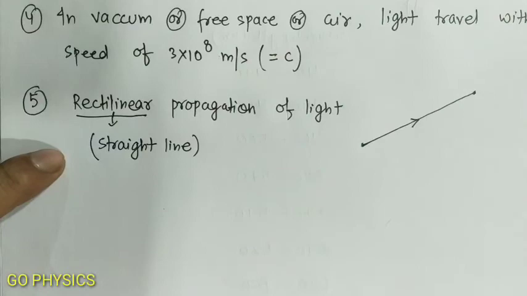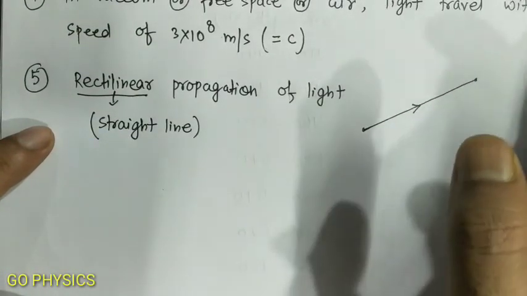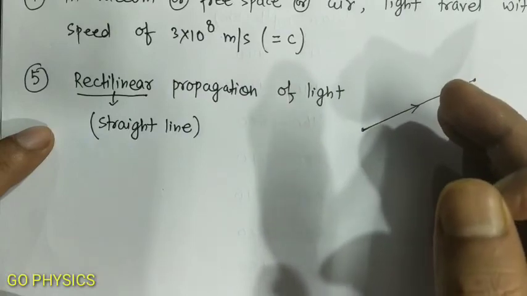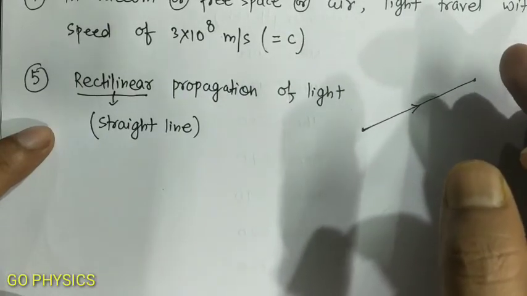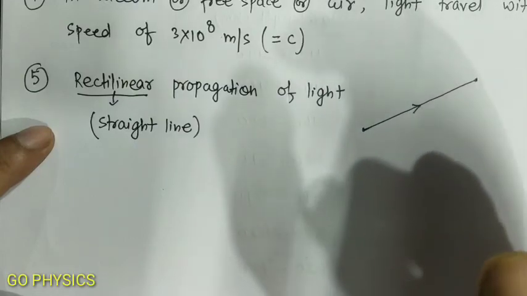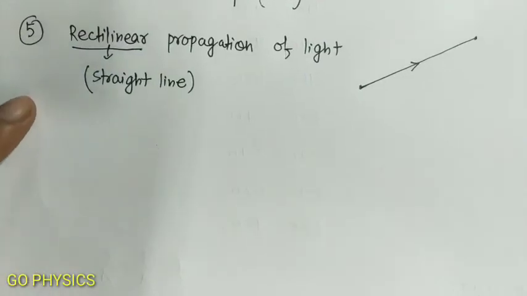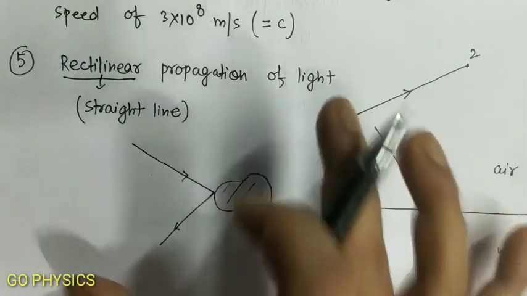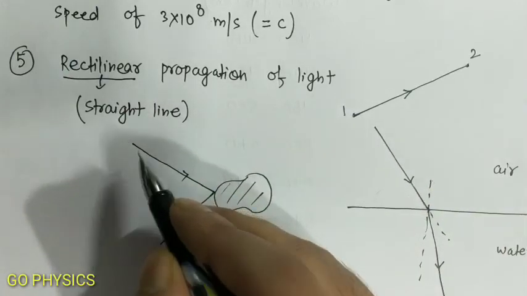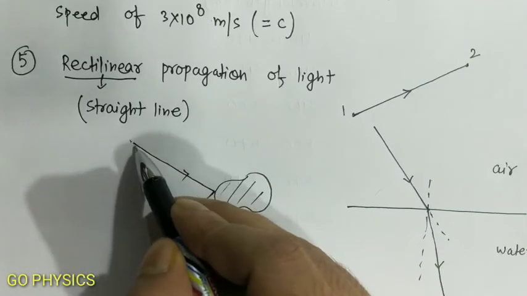One point to note here: the path of light changes only when there is an object in its path or where the medium changes. What does it mean? The path of light will change only when there is an object. Let us suppose this is an object and light is coming in this direction.